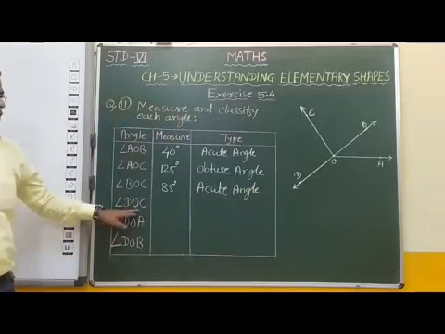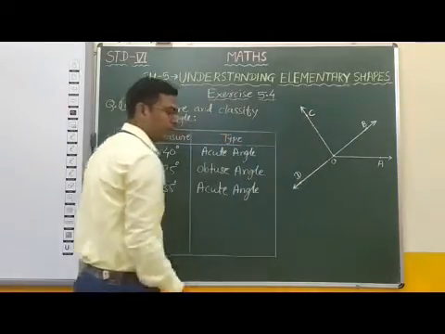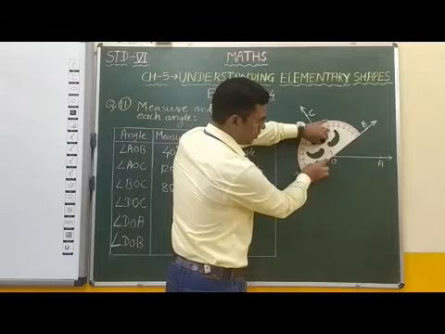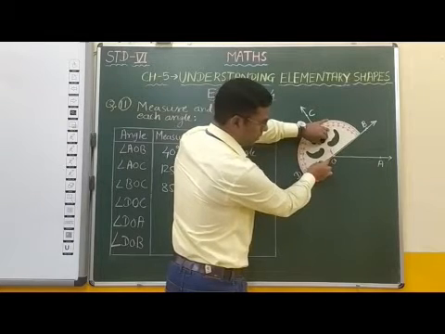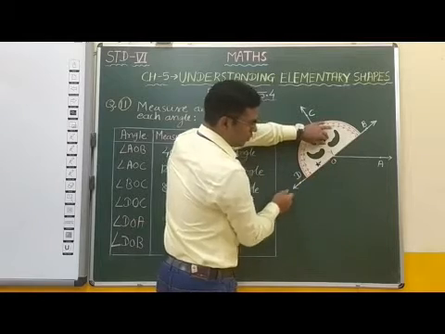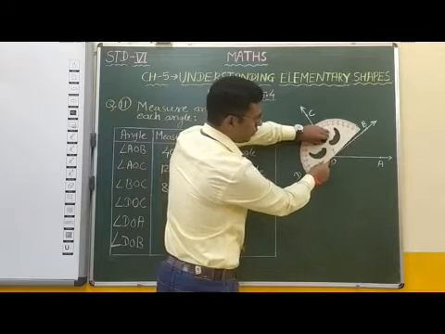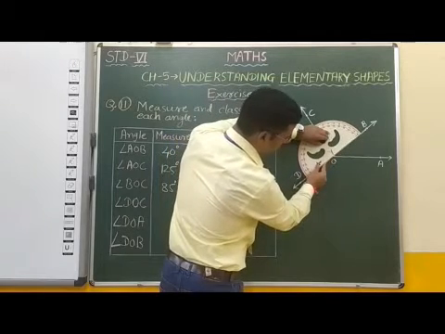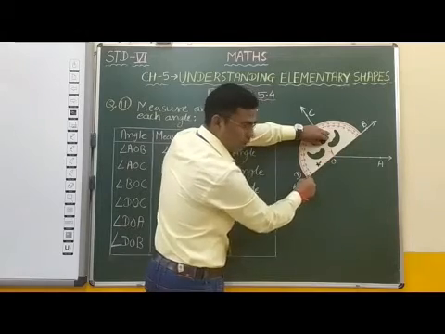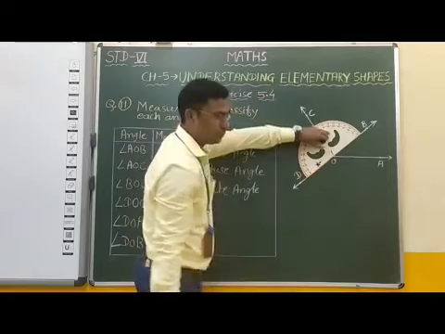Now, angle DOC, this angle DOC. Now put this midpoint of the protractor on point O. We have to measure angle DOC. Therefore, we match this straight line with ray DO.